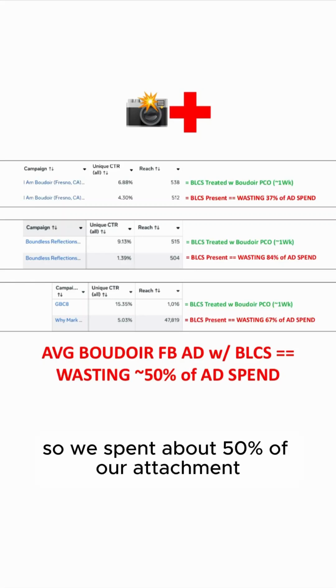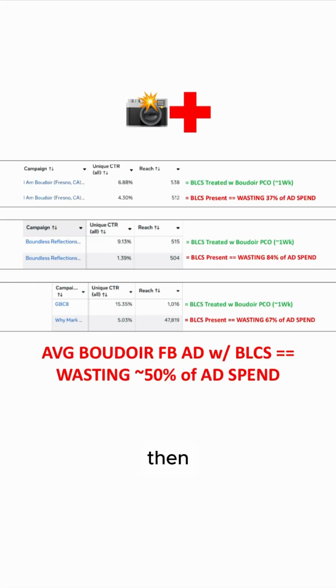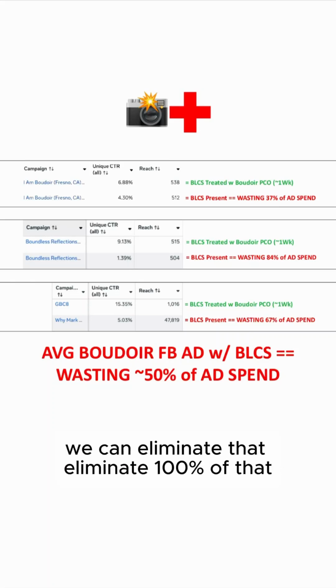So wasting about 50% of its ad spend, that means if spending more than 10 grand a month on Boudoir Facebook ads, then they are literally, 5K is being wasted every single month. We can eliminate that, eliminate 100% of that.